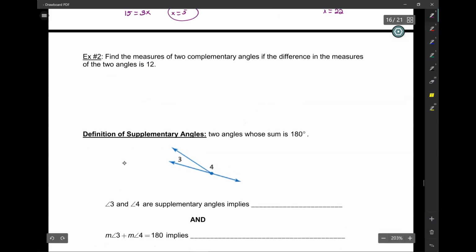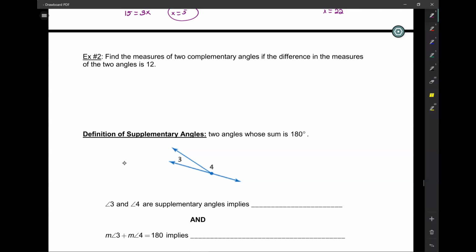Okay, look at this one. Find the measures of two complementary angles if the difference in the measures of the two angles is 90. Okay, so this is kind of tricky. So first we need the two angles, right? Okay, so here's how we do it.